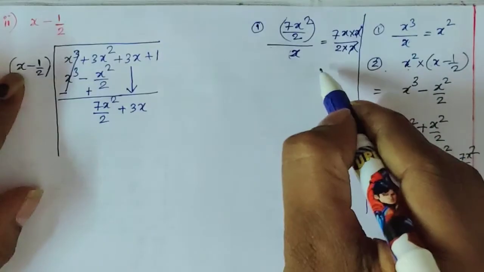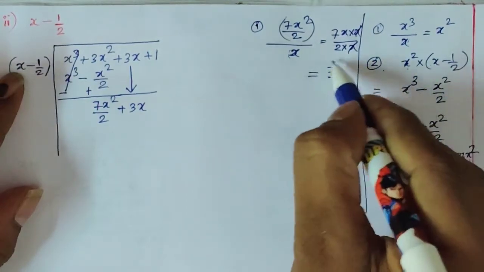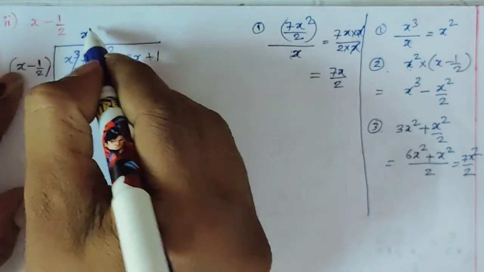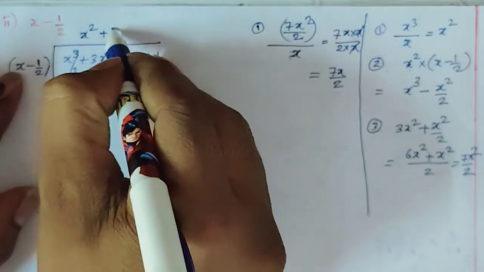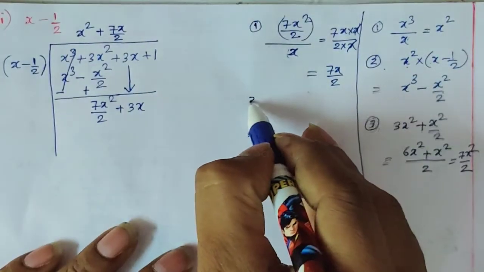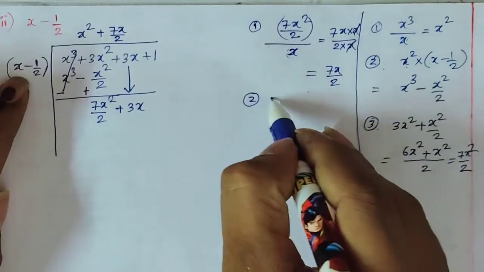X gets cancelled, so you will get 7x by 2. So this will become quotient. So previously we wrote x square, now this time you got 7x by 2, so plus 7x by 2.